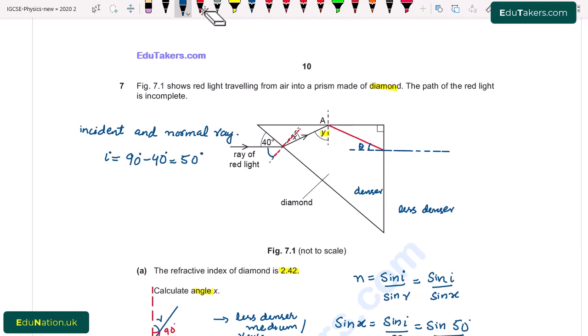We know that when ray of light enters from denser to less dense medium, the ray will bend away from the normal.